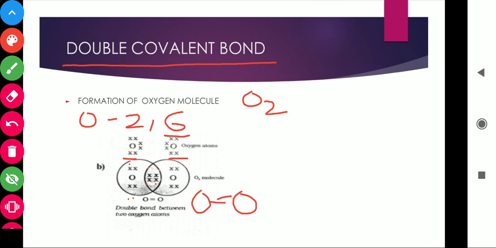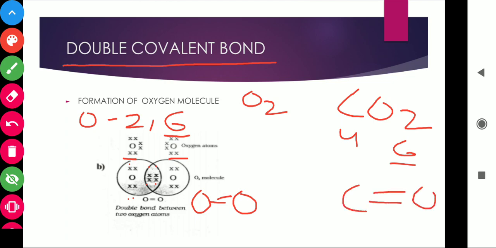It may be possible that more than one double bond is present. One more example we will take, CO2. C has 4 electrons in the outermost shell and oxygen has 6. How can this compound be formed? By sharing of 2 electrons. In this way oxygen acquires its octet; carbon has 8 electrons and oxygen also has 8 electrons now.